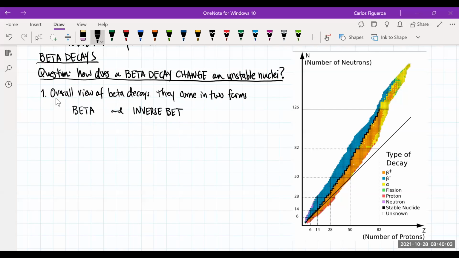So guess what? Beta is the turquoise region. I always spell turquoise wrong, so if I mix up two of the letters, just ignore it. And then inverse beta is the orange region.